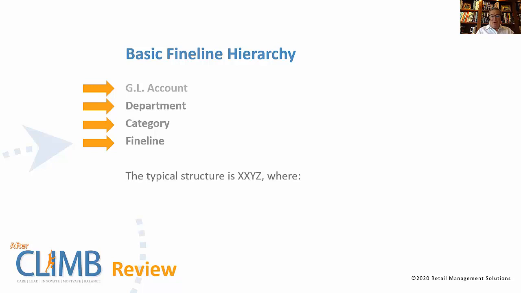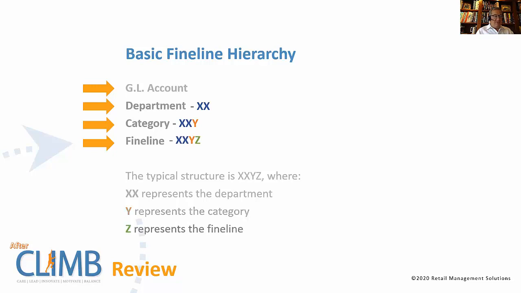We don't have to use all the same things as Homaker, and I'm going to show you how to change the Homaker structure for those of you who want to do it. But we're going to use the typical structure, which is XX, YY, Z, where XX is the department, then the Y represents the category, and then the Z represents the Fineline.